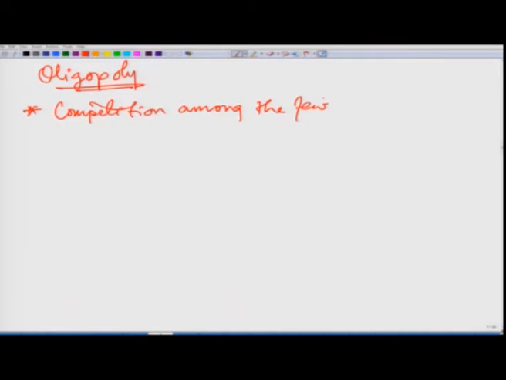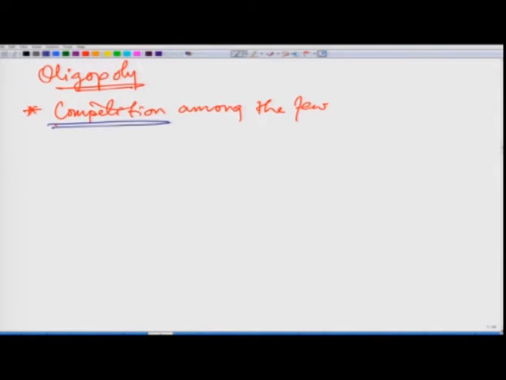So the number of market players have reduced, but even if there is a large number, we are saying that the total number of firms have not really decreased. Even if they have not decreased, the competition is only among the few.